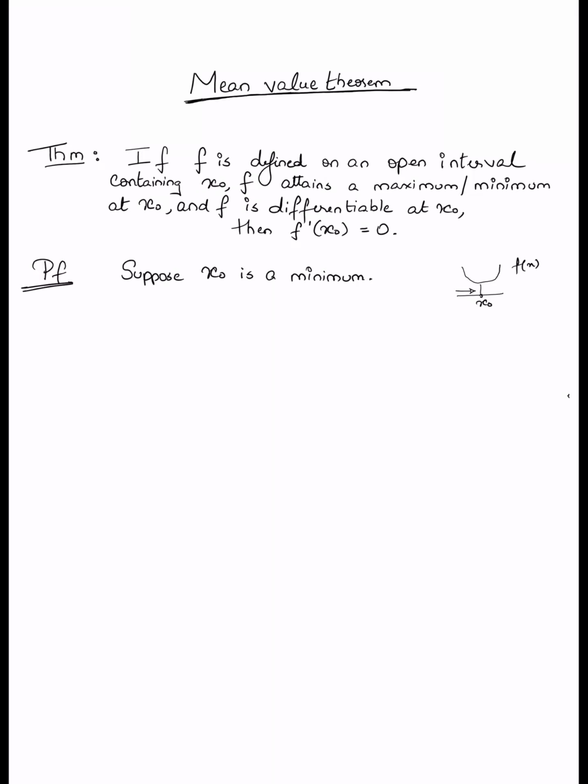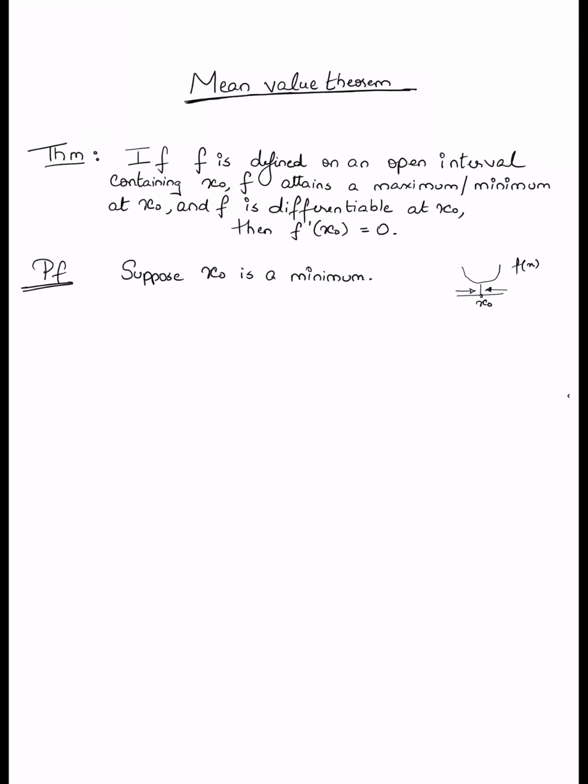That will give us one sign of the derivative, and then we will construct a sequence approaching x naught from the right, so a decreasing sequence, and that will imply the opposite sign on the derivative at x naught. Putting these together, if the derivative is both non-negative and non-positive, it must necessarily be 0. So that's going to be the idea.